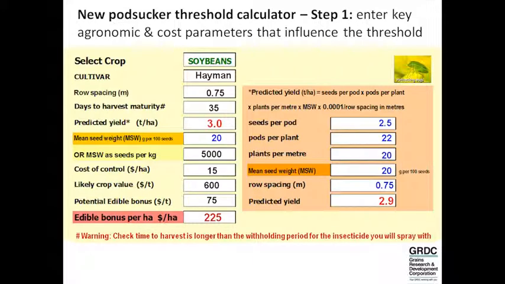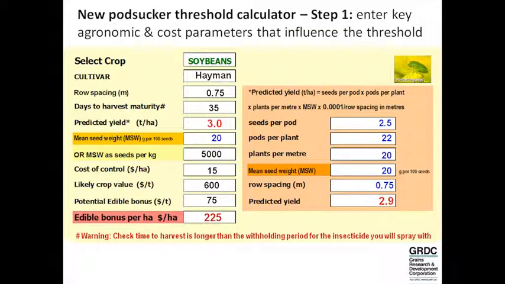So you can see the edible bonus there is $225 a hectare, and that is way greater than the cost of control. If you're new, a not well-seasoned agronomist, you might feel unhappy about predicting the yield. There's a little formula we'll put there, so seeds per pod by pods per plant. You'll have to do a little bit of sampling by plants per metre.